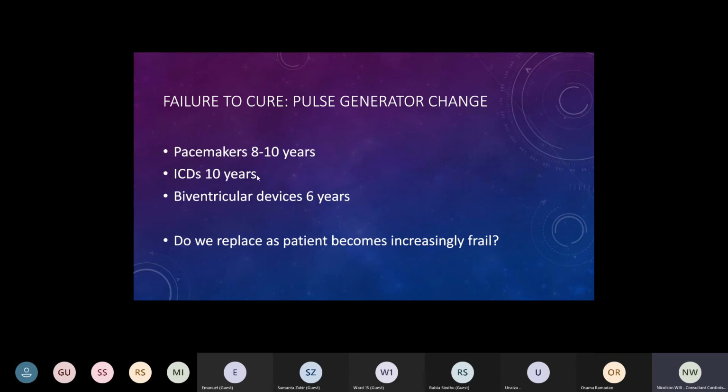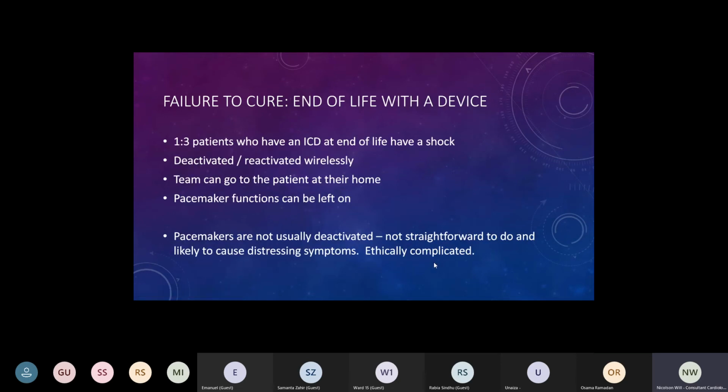Or what if they've become relatively frail that you wouldn't consider putting one in afresh, but now that they're 85 but they're still able to live just about independently, do you still replace their ICD? They're difficult questions.